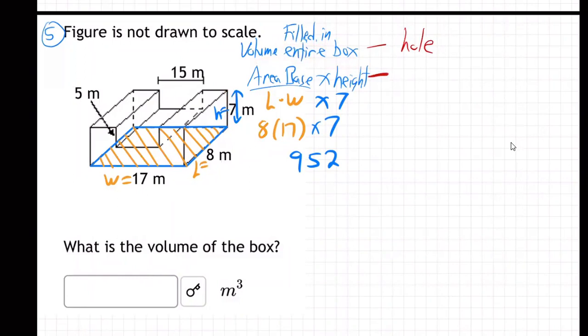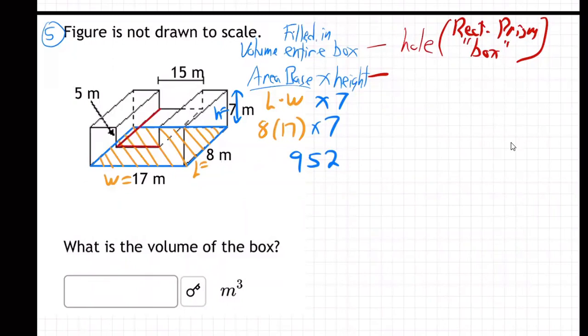Okay, so what shape is the hole? Well, it's another box shape, isn't it? The hole is also a little box. It's also a rectangular prism, meaning a box. So it's commonly called a box. The hole is a rectangular prism. So let me go draw it to be clear with you.